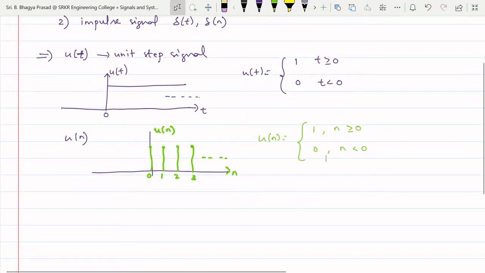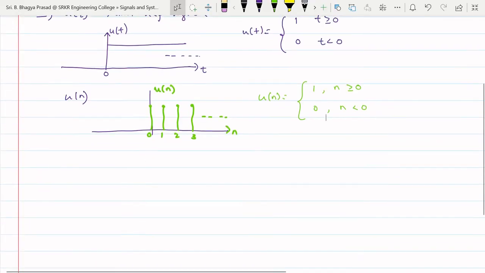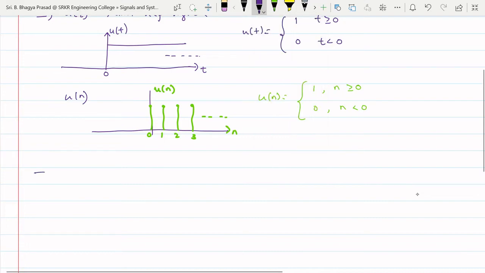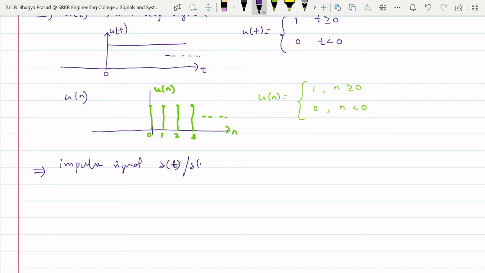Let us see now the impulse signal, delta t and delta n.